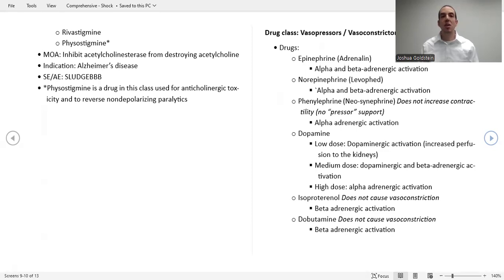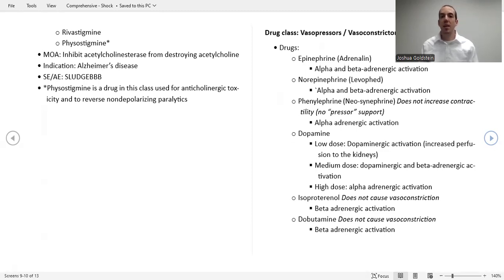The side effects of these drugs are going to be exactly the same as the ones we saw right before that, the SLUDGE BBB. Physostigmine is a drug in this class that's used specifically for anticholinergic toxicity and to reverse non-depolarizing paralytics. Some drugs in this class are also used for myasthenia gravis, and we'll learn more about that when we get to the neurology lecture.